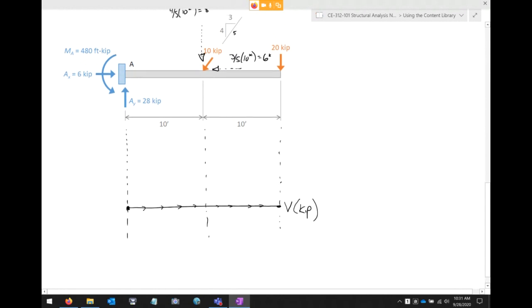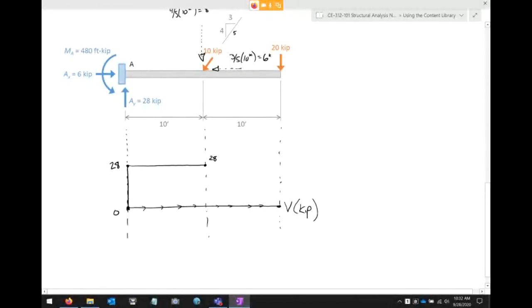Okay. And so, again, when you're drawing a shear diagram, start at 0 and you just track your vertical load components. So the first thing that we see, we start at 0, we suddenly jump up 28. And then from A to the middle of the beam, no change, 28.